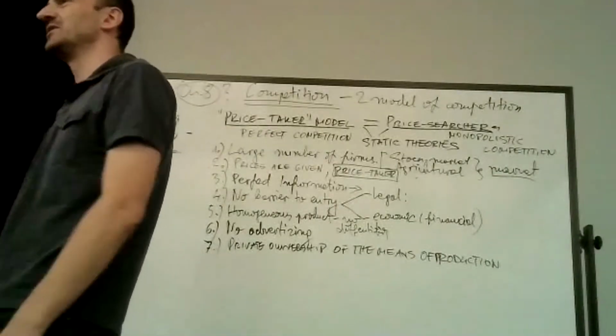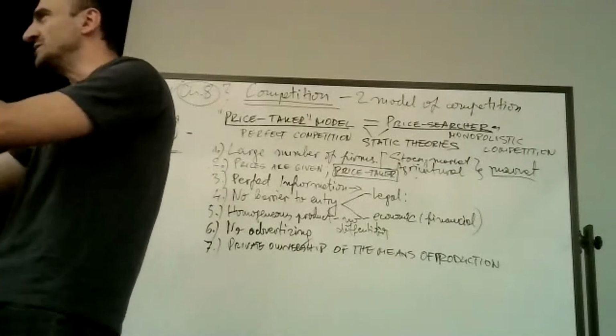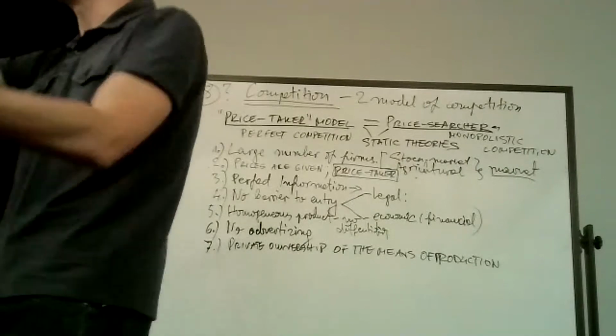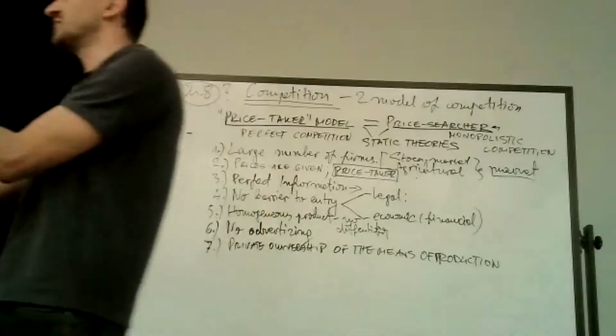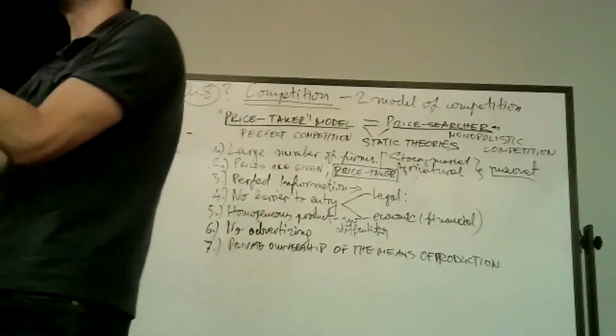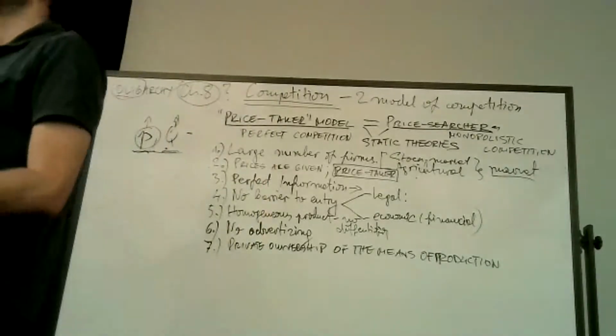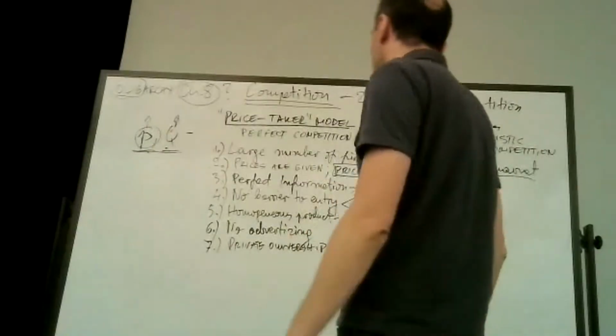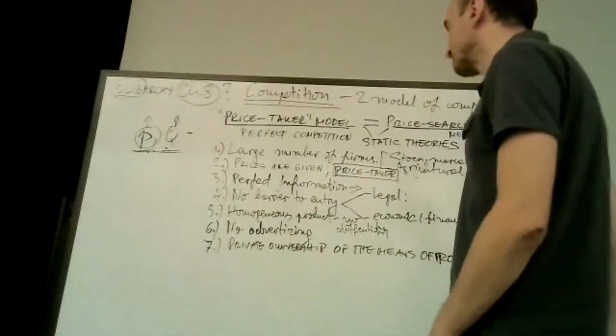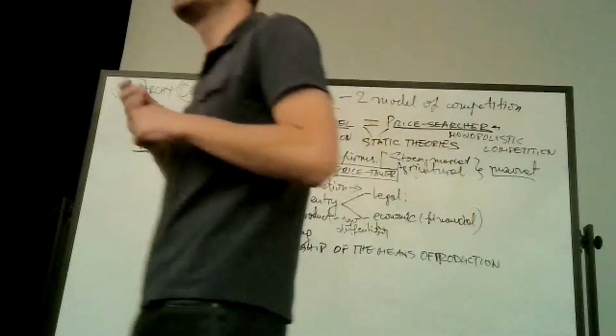Although you know that there are different types of wheat or corn, different hybrids, genetically modified, not genetically modified, this or that type of hybrid, it's much closer to the ideal of homogeneous product than other markets in which there's quite a bit of differentiation. Okay, anything else?